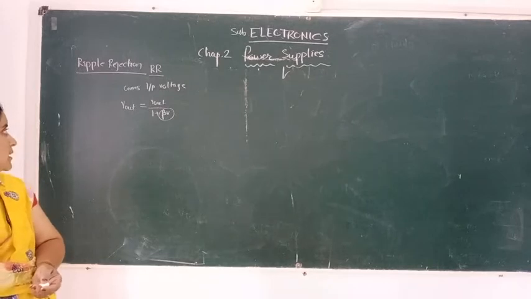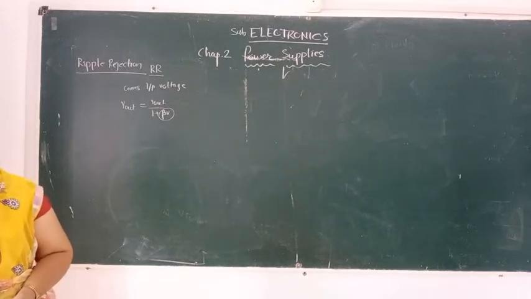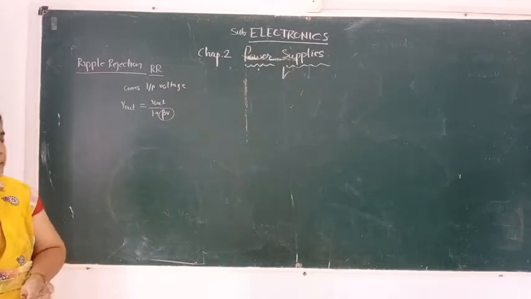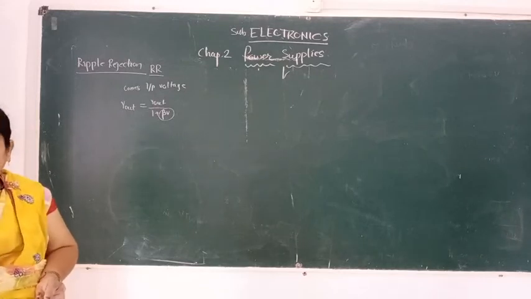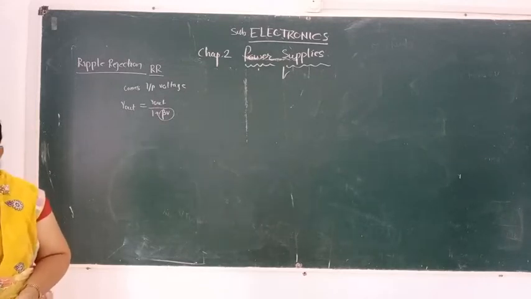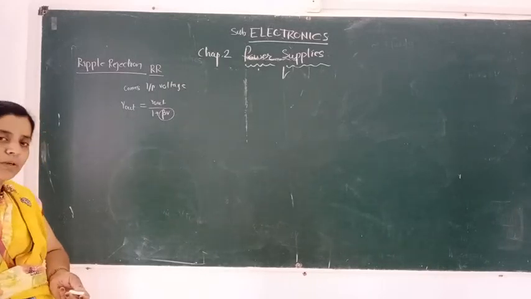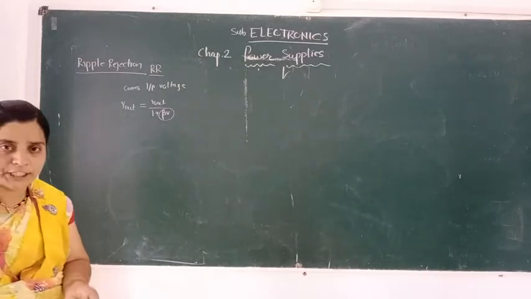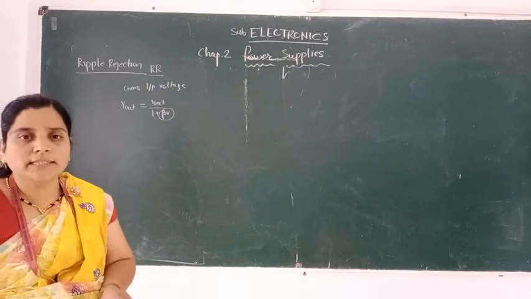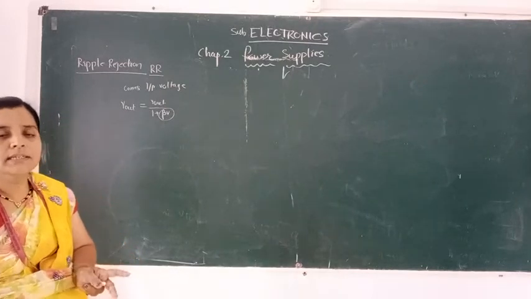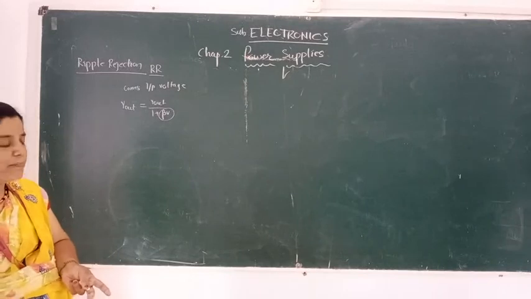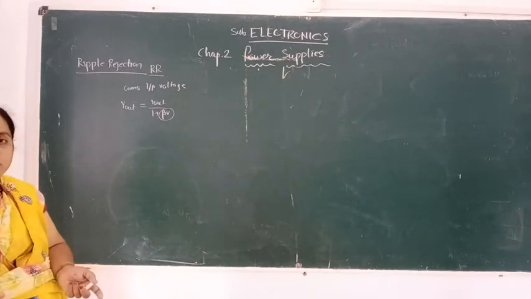It is indicated by 1 plus beta of V, where beta is the feedback factor, and the feedback goes back to the input voltage. That is called ripple rejection. Rejection is the opposite of selection, so it goes back to the source voltage.